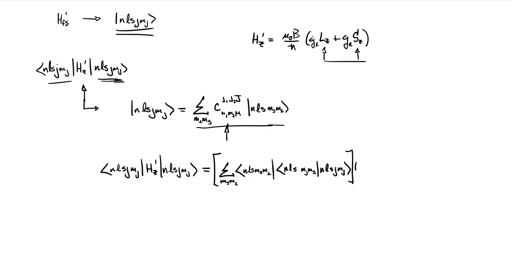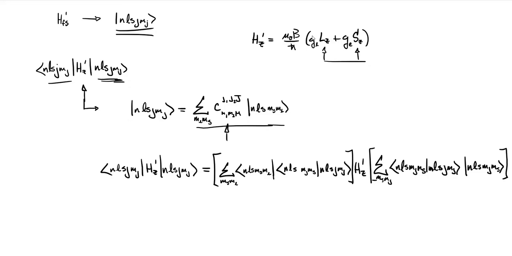Then operate that Hamiltonian on that, times the same thing on the other side, with those Clebsch-Gordan coefficients and the uncoupled states n, l, s, m_l, m_s.